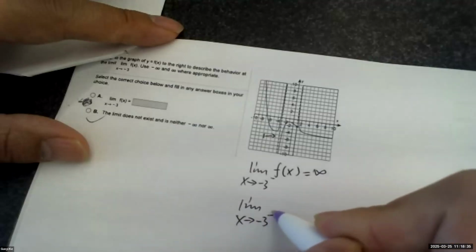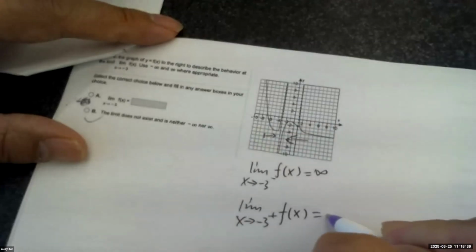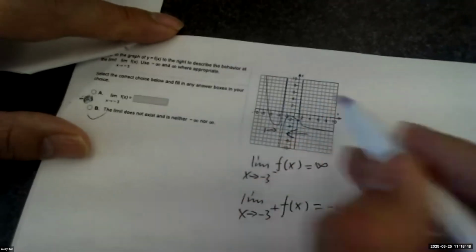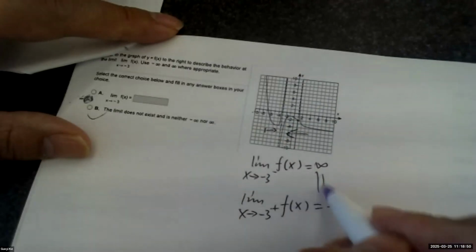This guy approaches from right hand side. You will find this is negative infinity, right? Negative infinity, the curve always goes down. Left hand side, the curve always goes up, right? So that means these two are not equivalent. The answer should be B. Okay, does that make sense? Okay.